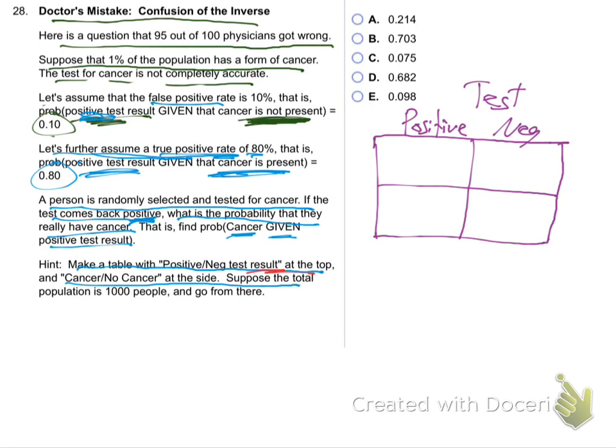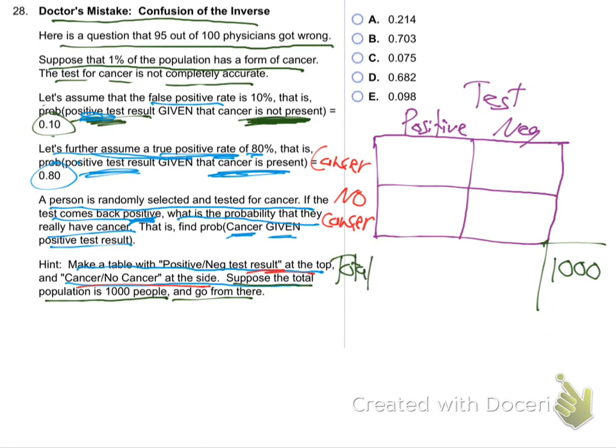Right, positive at the top, cancer, no cancer at the side. Okay. And then suppose the total population is 1,000 people and go from there. Okay, so that's going to be down here. That's the total, because this will be totals down here and totals over here. All right, let's give it a try.